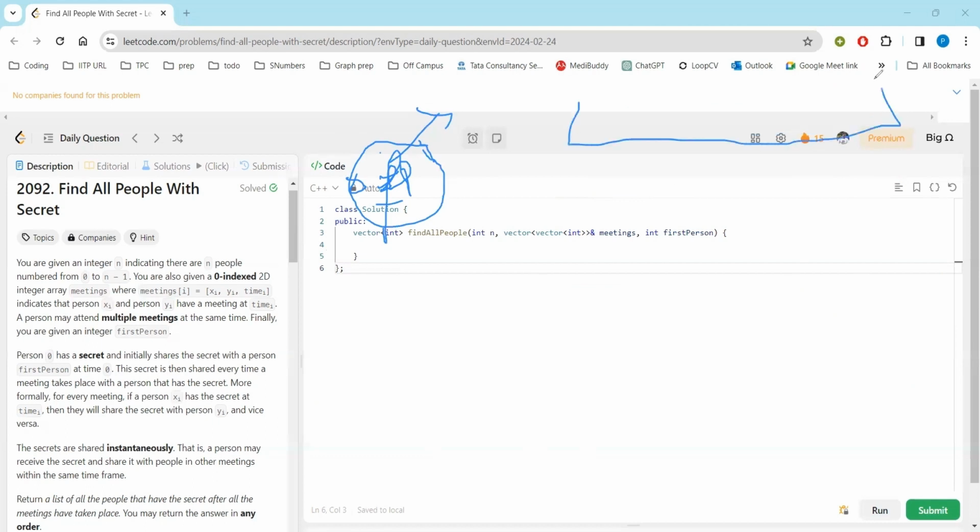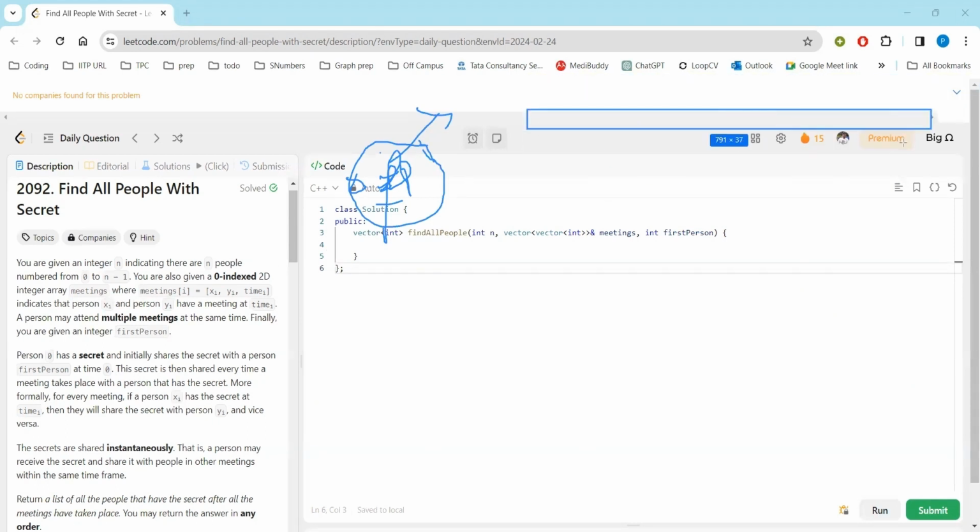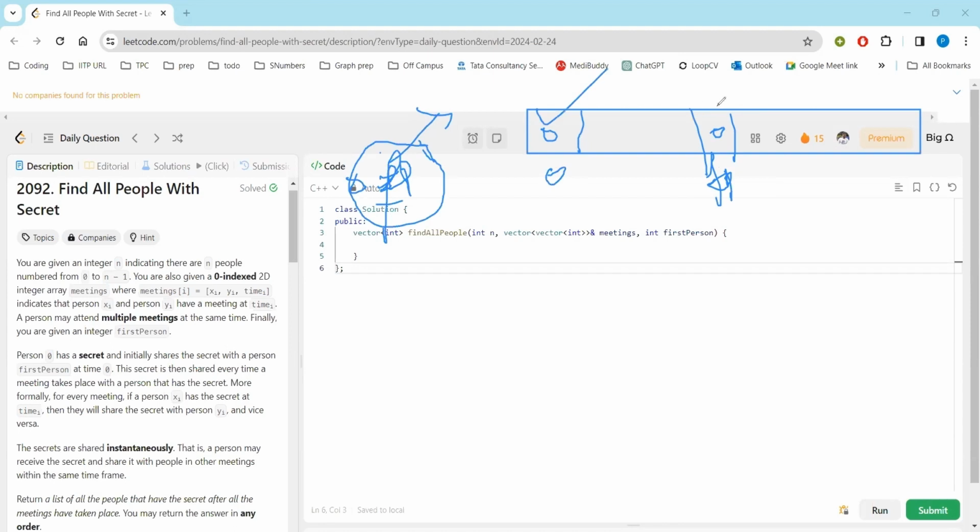Suppose in the array, we can mark the ultimate source. Suppose for 0, the ultimate source is 0. And suppose this is FP and the ultimate source of secret for FP is also 0. That means the parent of 0 will be 0 and the parent of FP will also be 0.